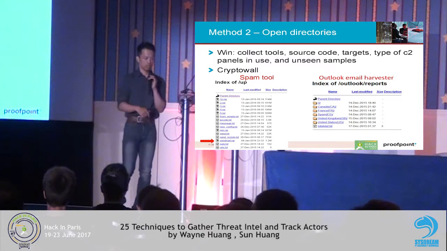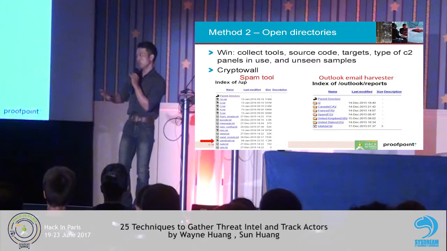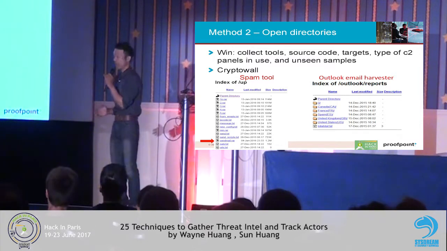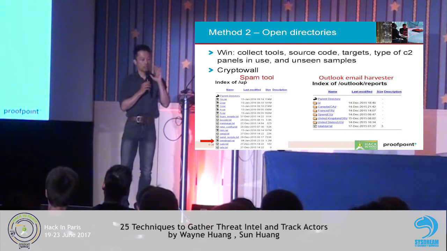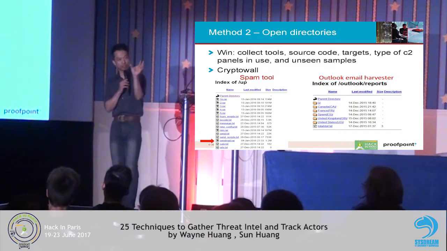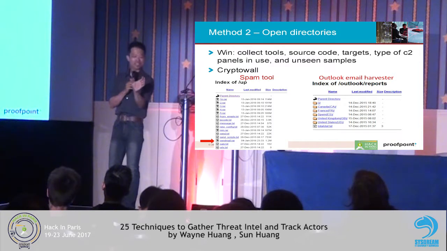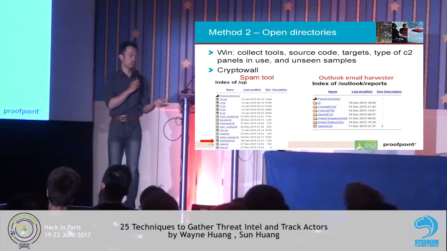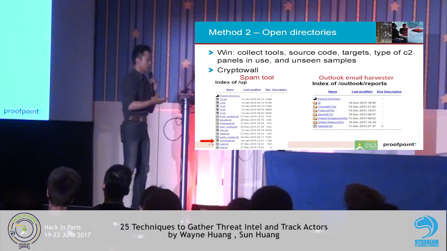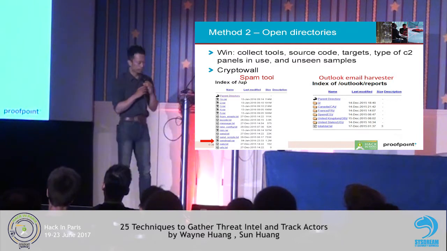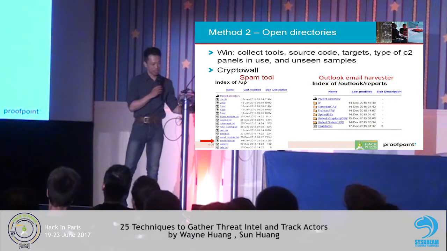A lot of this particular group's directories are open access, and you can just tweak the URL you get from your sandbox and see what they have in their directories. You can download their files. And here, for example, this sent mail.